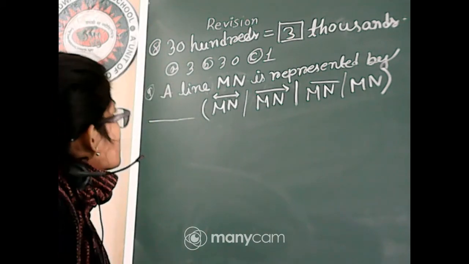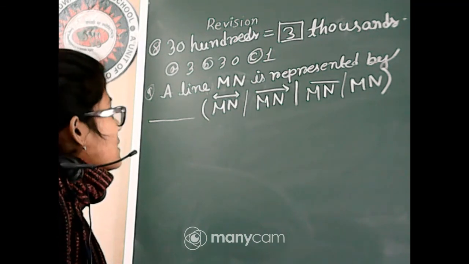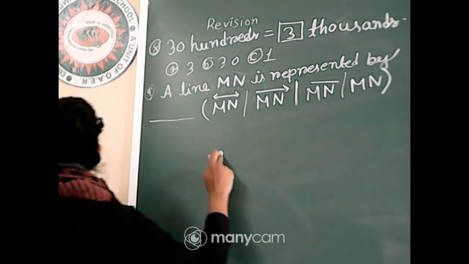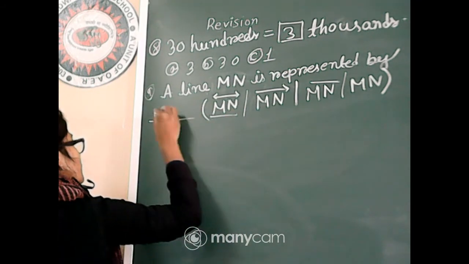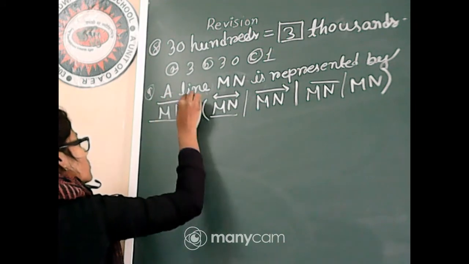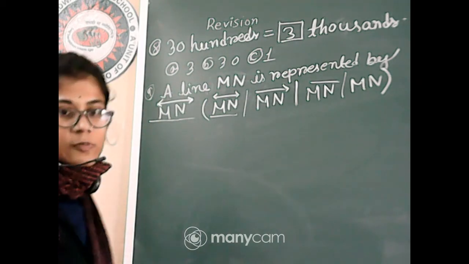Option first. Yes. A line MN is represented by this one, double side arrow. Isn't it? Very good.